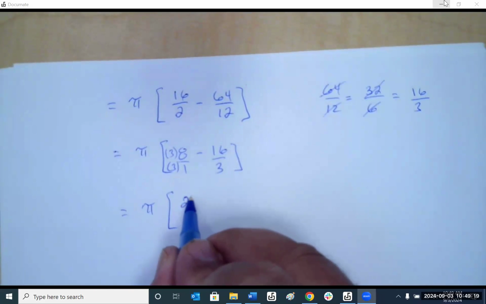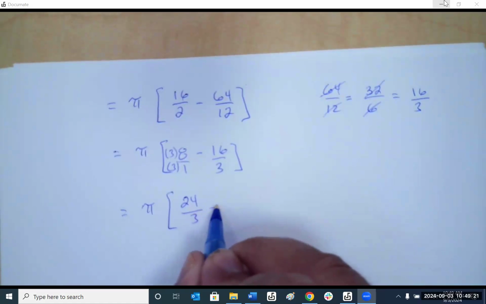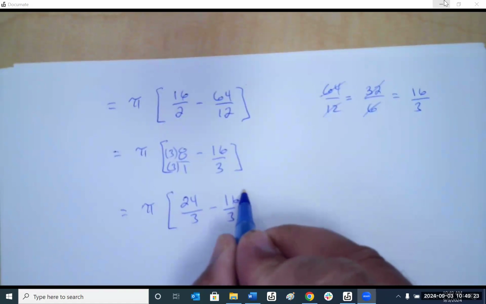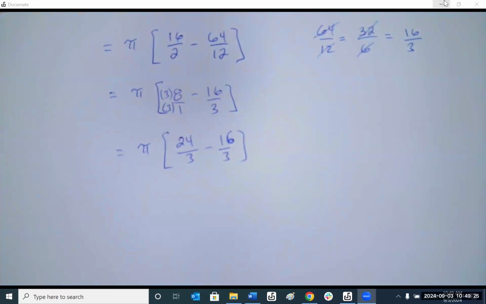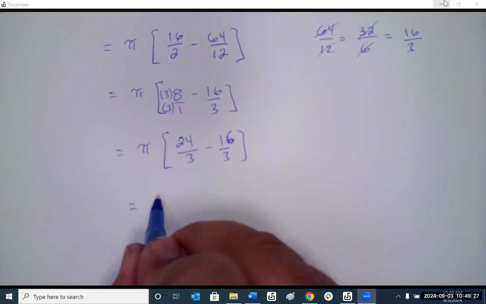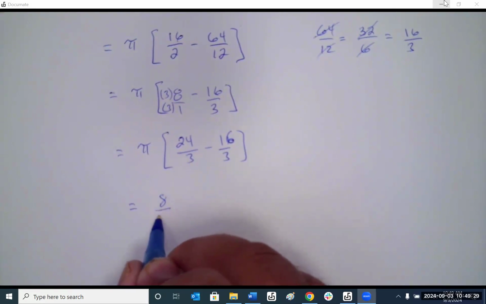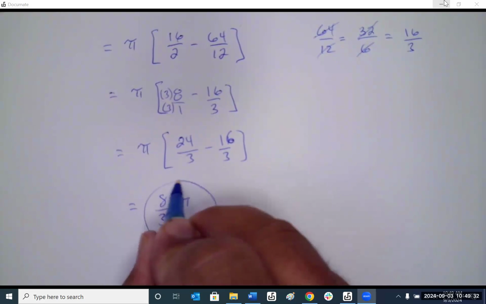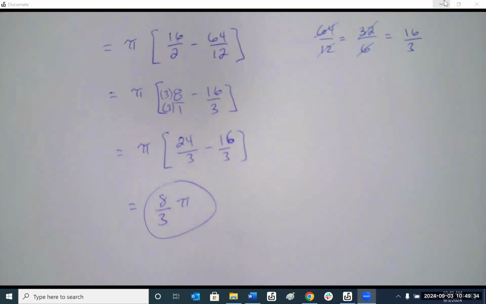Multiplied by 3, so we got 24 over 3, minus 16 over 3. So we have 8 over 3 pi. That's the last one.